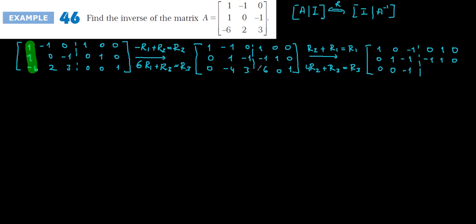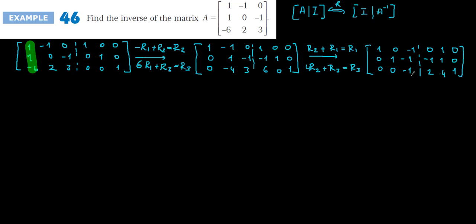And 4 times minus 1 plus 6 is equal to minus 4 plus 6, which is equal to 2. 4 times 1 plus 0 is equal to 4. And 4 times 1 plus 0 is equal to 4. And the last one is 4 times 0 plus 1, which is equal to 1.